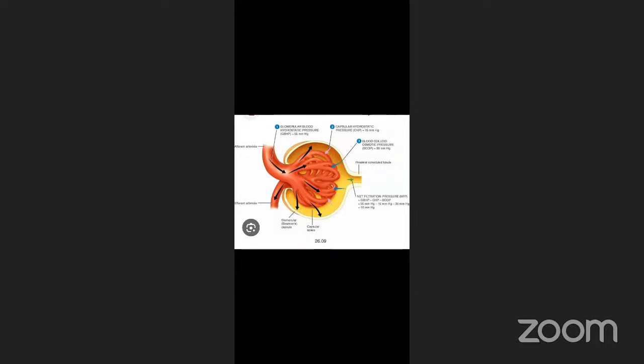So you can compare the two sizes. As blood gets in through the afferent arteriole with quite high pressure, it branches into smaller blood vessels, which are the blood capillaries, and the blood is leaving through the efferent arteriole, which has a tiny lumen compared to the afferent arteriole.